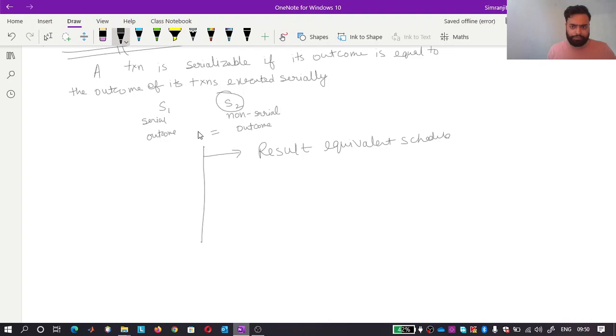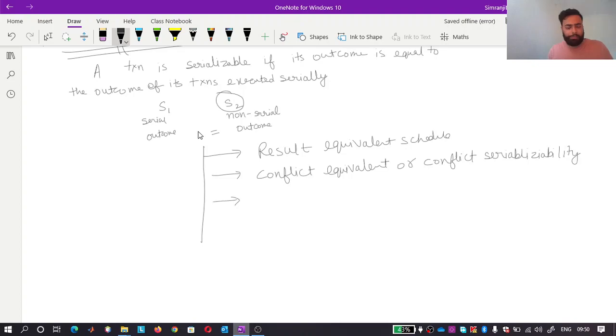Conflict equivalent schedule, or conflict serializability, is also referred to like this. Again, it's one of the most important topics. Everything is very similar; the definition is replicated throughout. I'll tell you one by one.